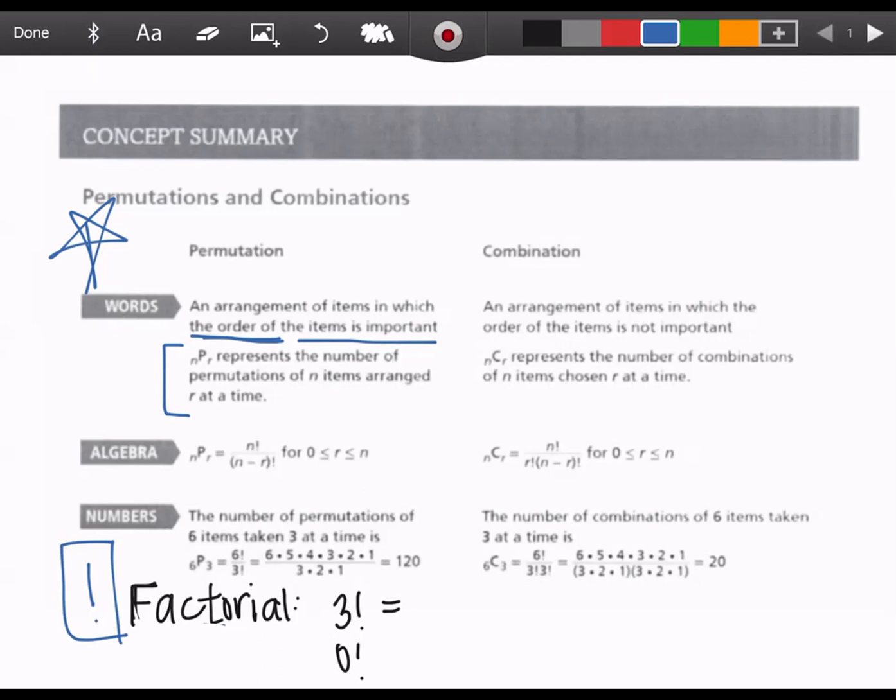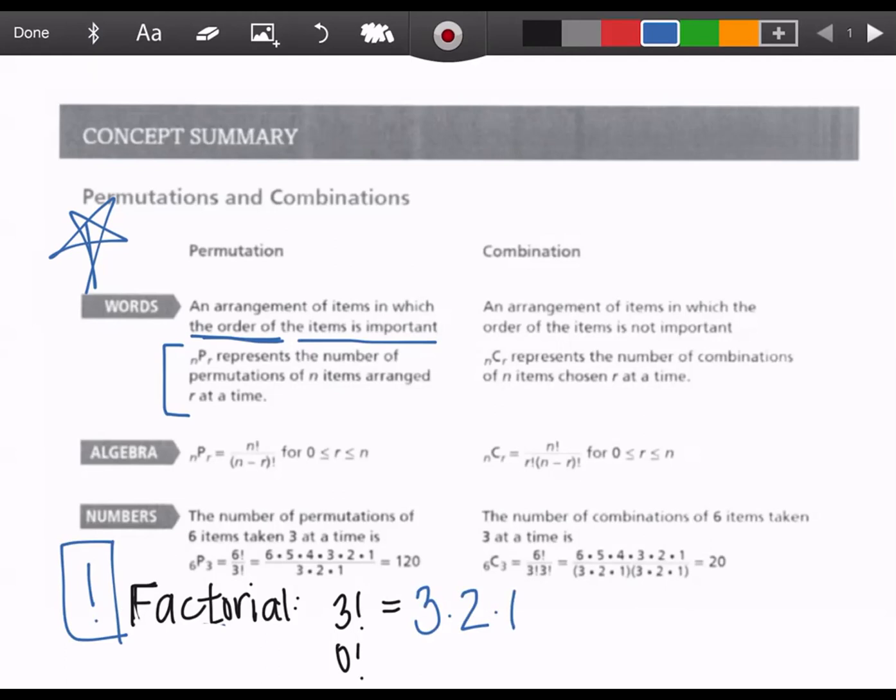Factorials are found by taking the number, as you see 3 factorial here, and you're going to take 3 times the next number on the number line, and we're always going in decreasing order. So it's going to be 3 times 2 times 1. We're never going to actually go all the way to 0. We always stop at 1.